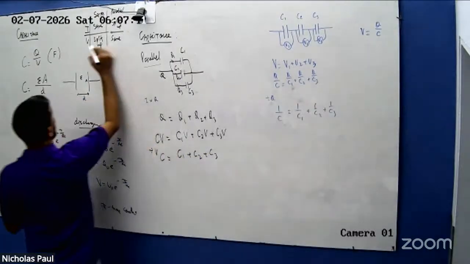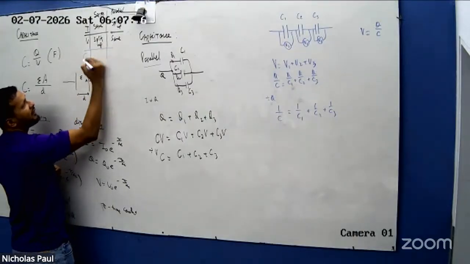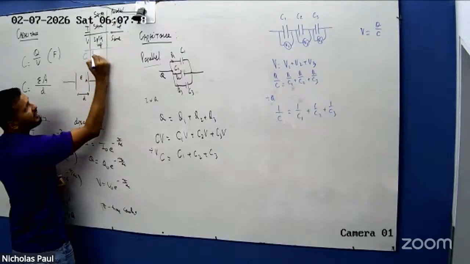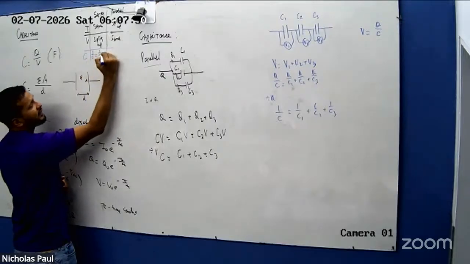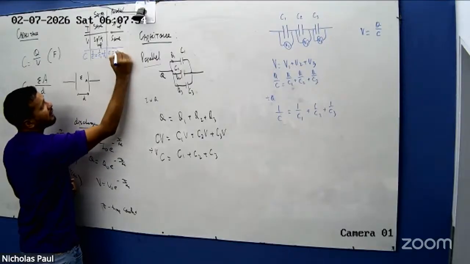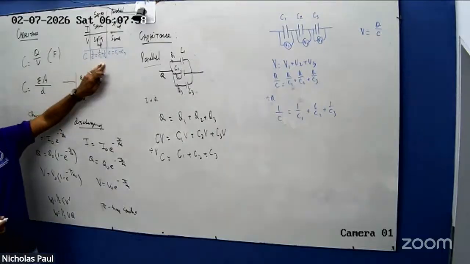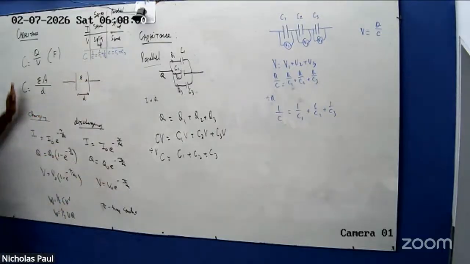Right, so what I could do here for you is to add in some more things here. Right, in series is 1 on C is equal to this. And in parallel is, right? So this is the table I have to learn. Everything here is what you need to know about capacitance. Okay?